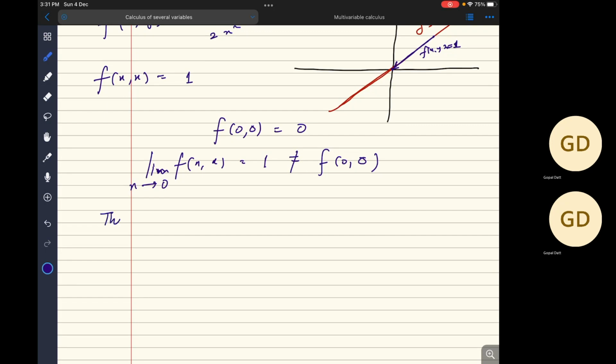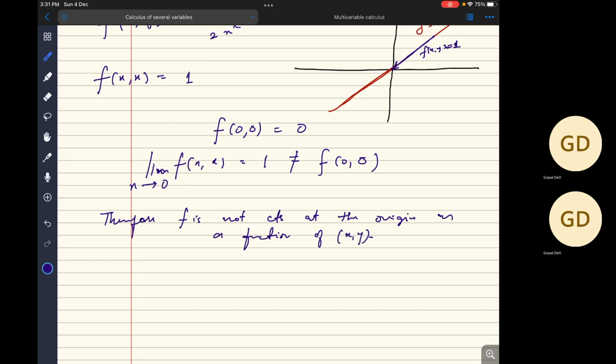So f is not continuous at the origin as a function of x, y.